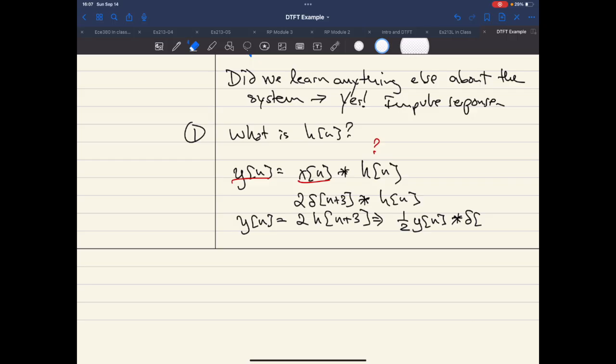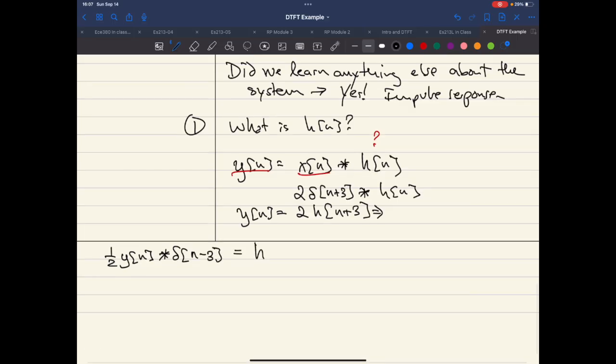Let's actually bring this down here. Sorry about that. Minus 3. Oops, need an n in there. n minus 3. This is kind of a goofy way to do this, but it helps us see what's really going on here. This is equal to h[n] plus 3 convolved with delta[n minus 3].